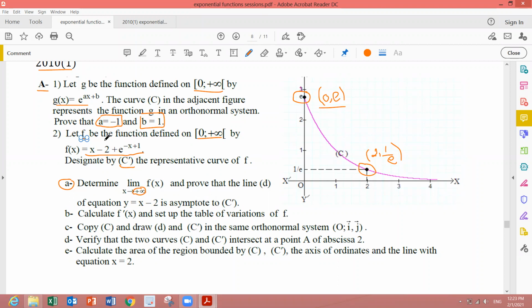If we replace x by plus infinity, what do you get? Plus infinity minus 2 plus e to the minus infinity, which is 0. So we get plus infinity.